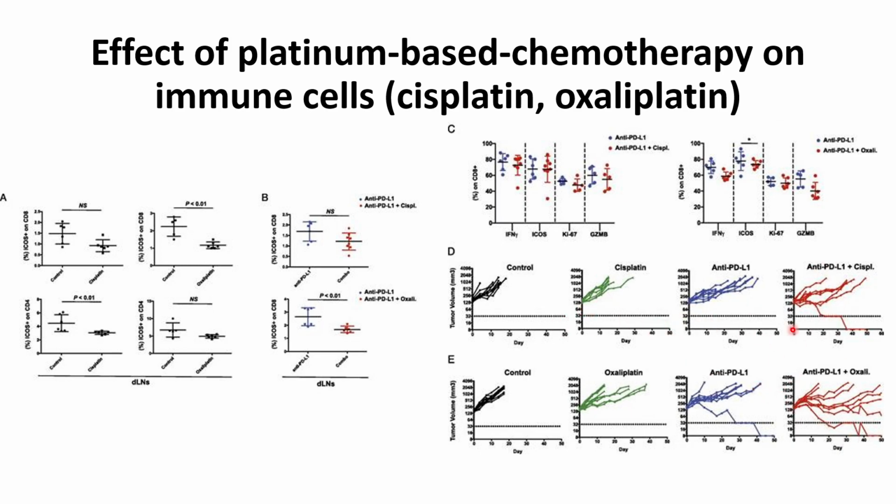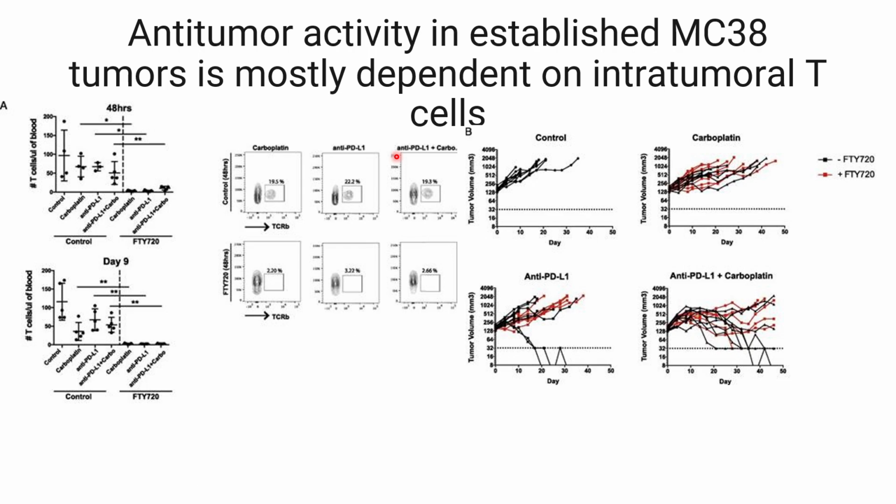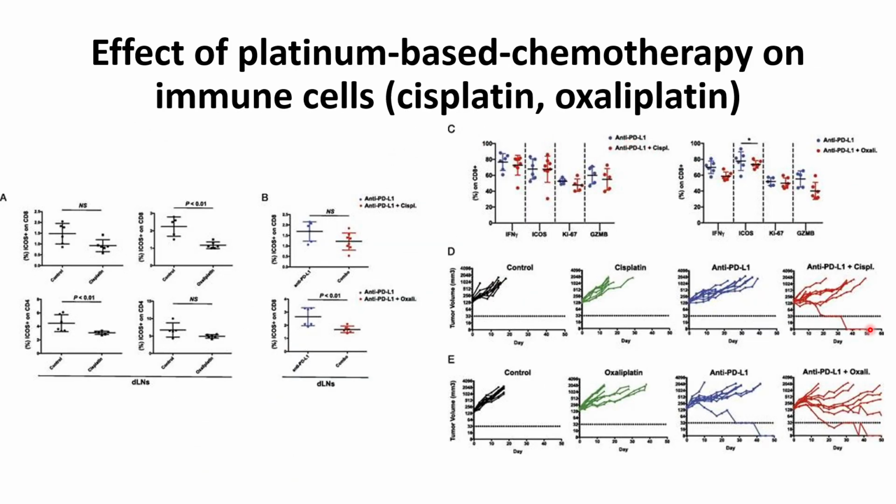However, the results are not as good as with carboplatin. However, there is some improvement in the combined therapy compared to the case with only cisplatin. So this indicates that some combined effect of this chemotherapy and immunotherapy might cause a decrease in the tumor volume.